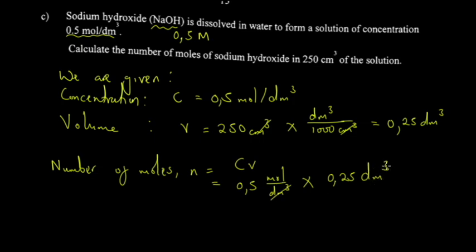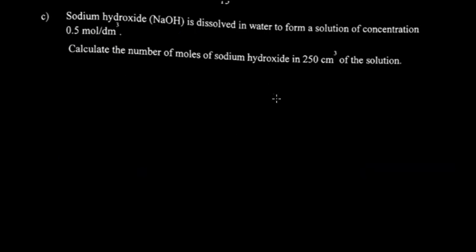So those ones will cancel. Here you get 0.125 moles. You can also say 0.5 multiplied by this, it means half of this. So half of this is 0.125. And that's how we get this one. So let's quickly move to the next part.